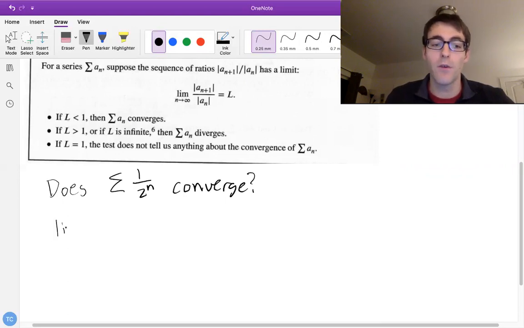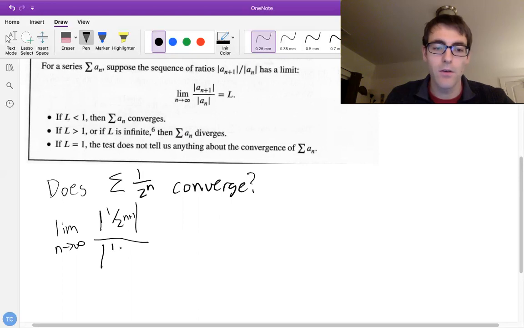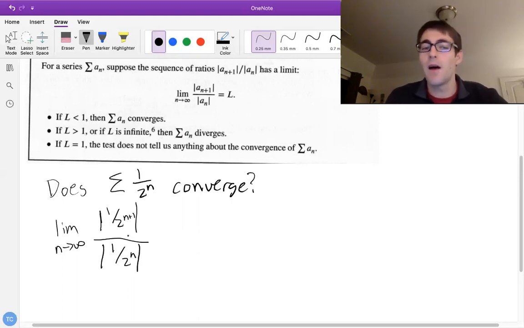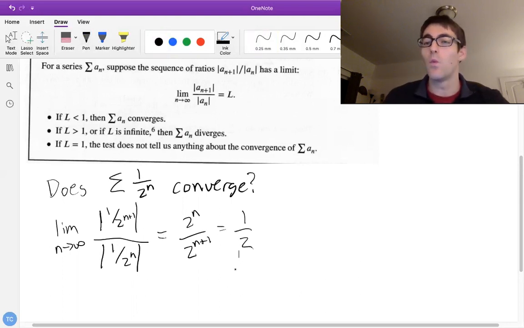So the thing we're looking for is the limit as n goes to infinity of the absolute value of 1 over 2 to the n plus 1 over the absolute value of 1 over 2 to the n. In this case, all of these things are positive, so the absolute values don't matter. And we end up getting 2 to the n over 2 to the n plus 1 by dividing this through. And this thing ends up equaling 1/2.